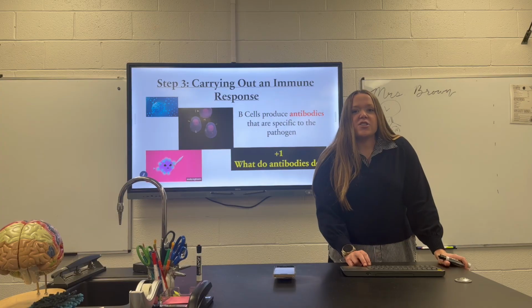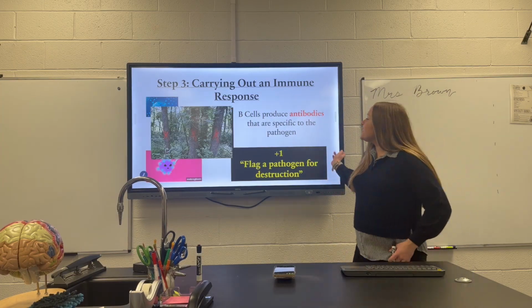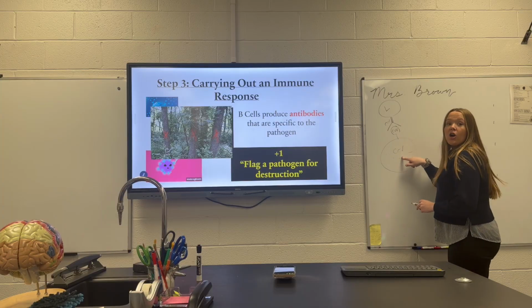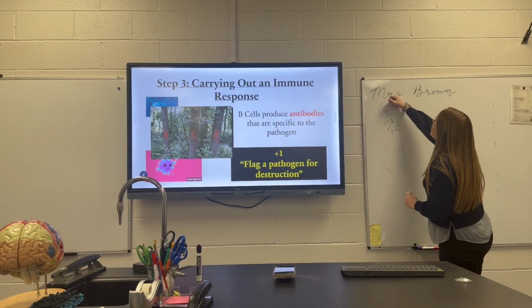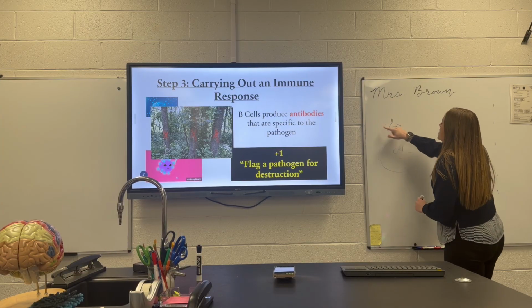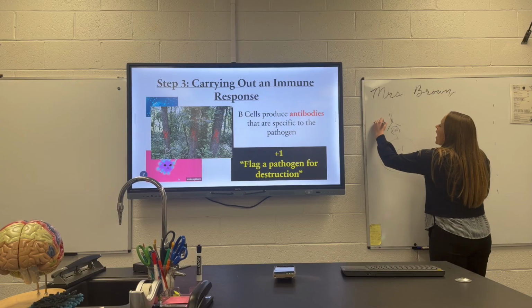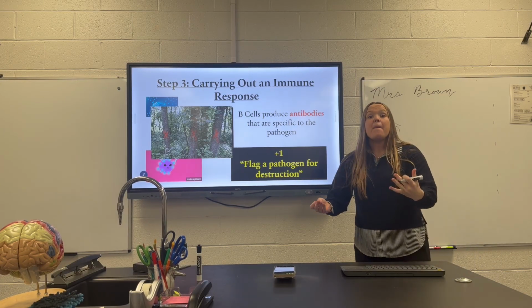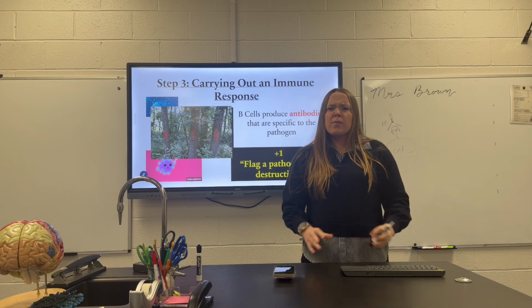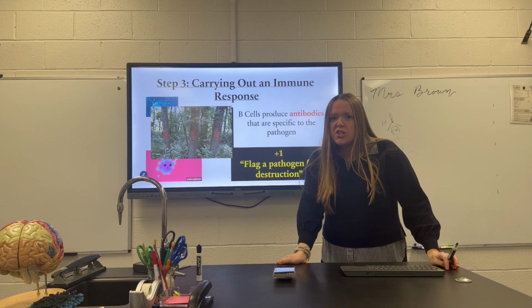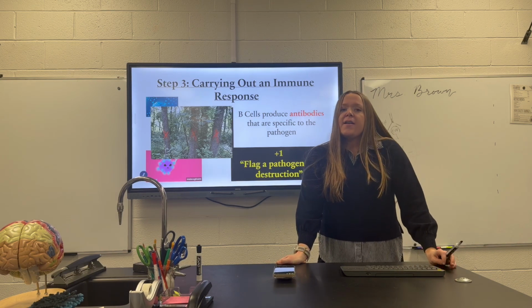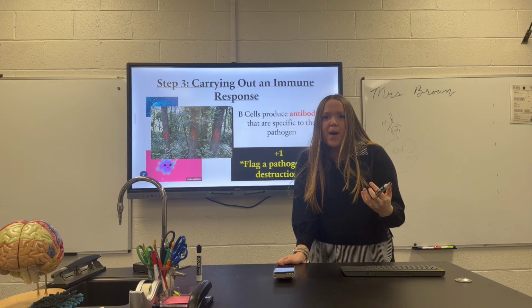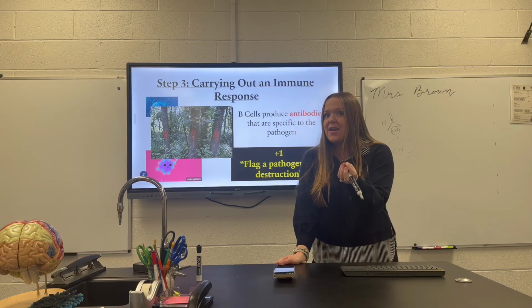Okay, yeah, exactly. So an antibody will attach to the antigen on a pathogen. We can go back to our previous example. Say this was an antibody, and it flags the pathogen to be destroyed by other immune cells. Remember, we have the macrophages and the neutrophils. We're flagging it to alert a neutrophil to go and attack the pathogen and kill the pathogenic cell.